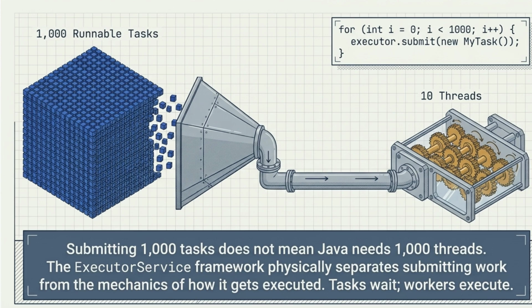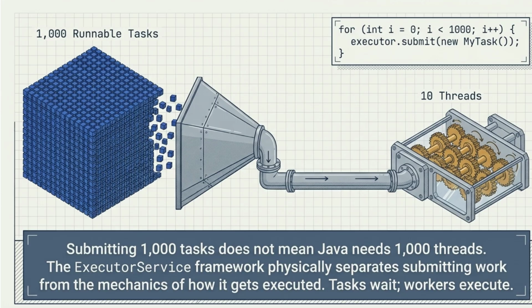Meaning it spends more time managing the threads than running the code. Exactly. It spends all its CPU cycles pausing threads, saving their execution state, doing context switching, loading the next thread into the L1 cache. Wow. It spends more time doing all of that than it spends actually executing your application code. The system effectively grinds to a halt through its own internal friction. So it's literally choking on itself.